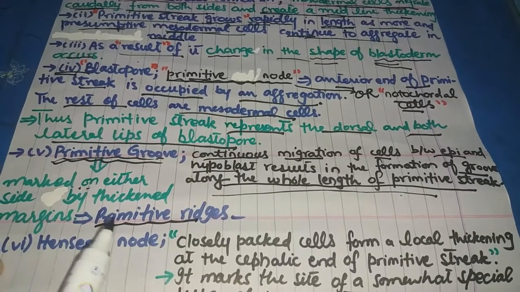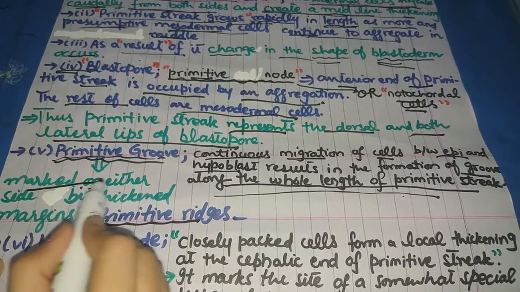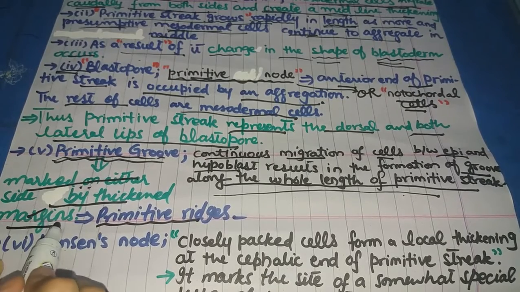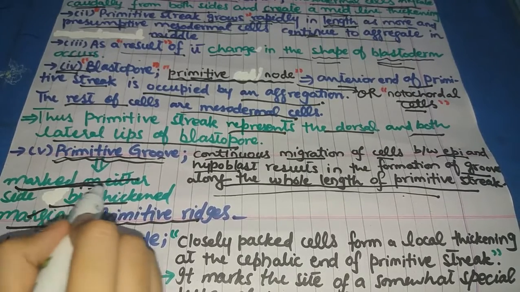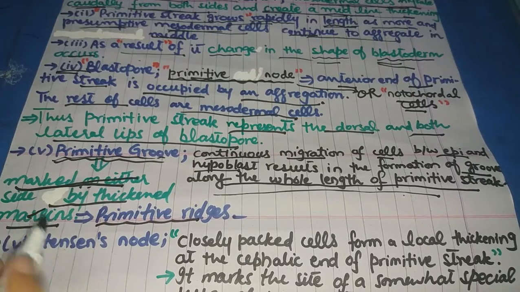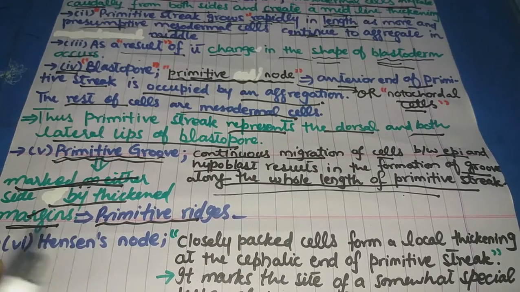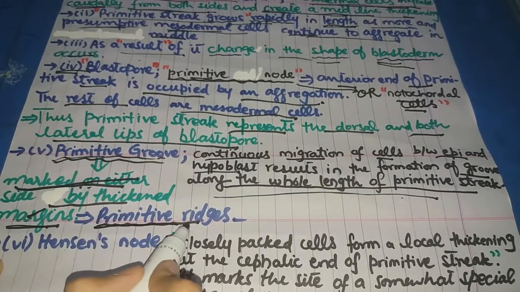These are marked on either side by thickened margins, and those thickened margins are known as primitive ridges.